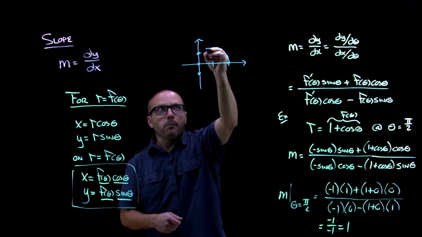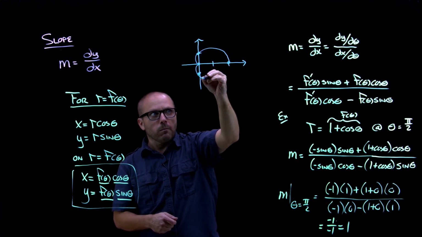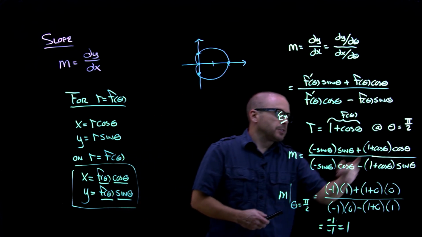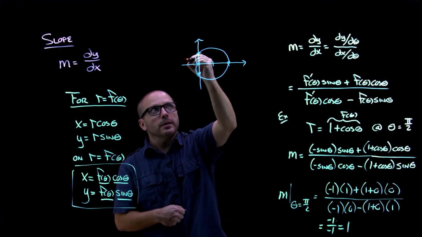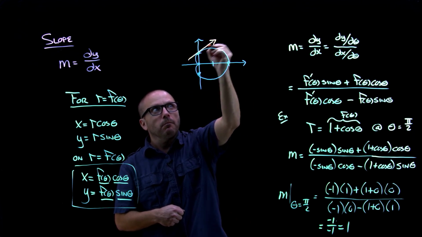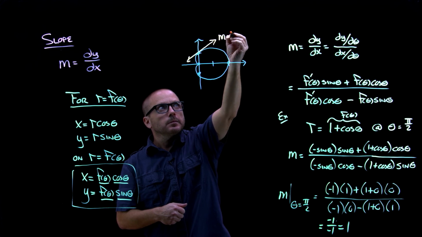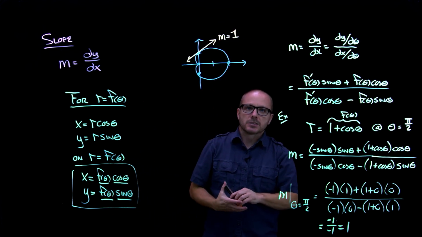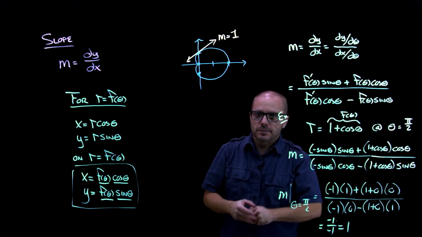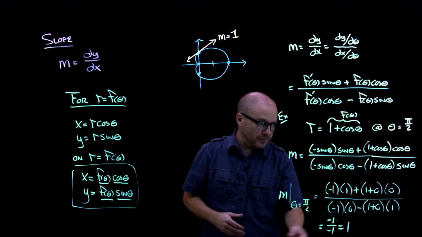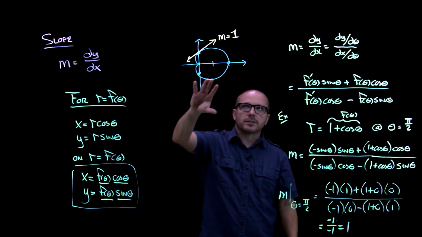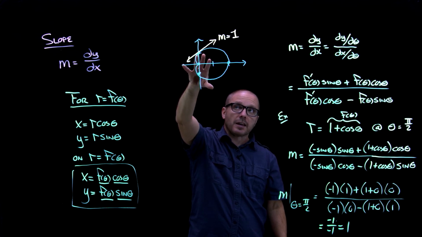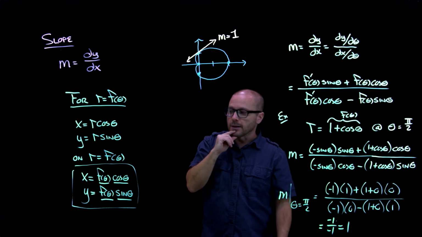So a rough sketch looks like that. And we were interested at theta equal pi over 2, so right here. And 45 degrees seems somewhat reasonable based on my rough sketch; that is a reasonable answer from what we did. So you can always get a sense in these problems by sketching the graph and thinking about what the slope would be there.